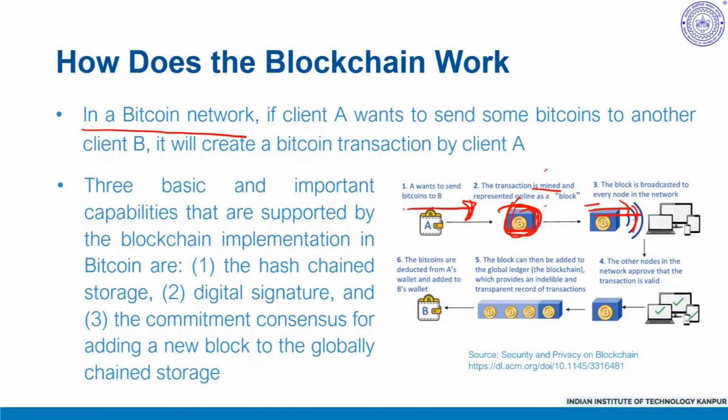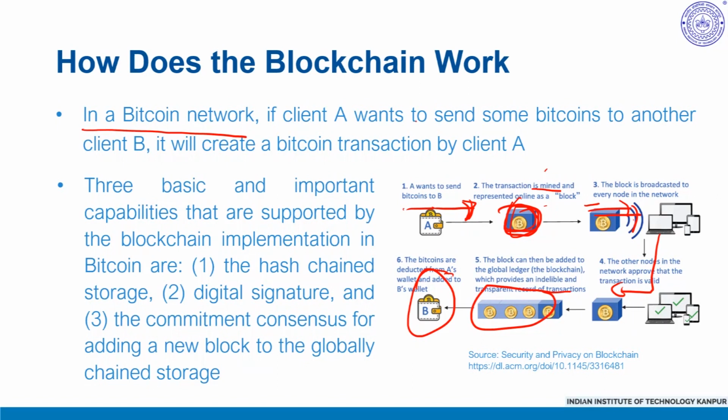Only when the block containing the transaction is approved by other nodes and added to the blockchain, this Bitcoin transfers from A to B. So the transfer takes place. And finally, the Bitcoin transfer from A to B becomes finalized and is considered legitimate.